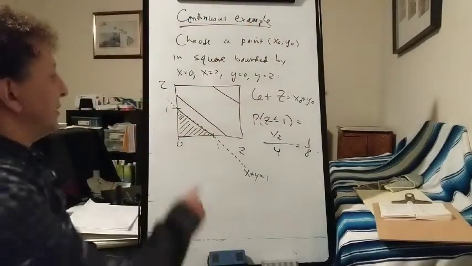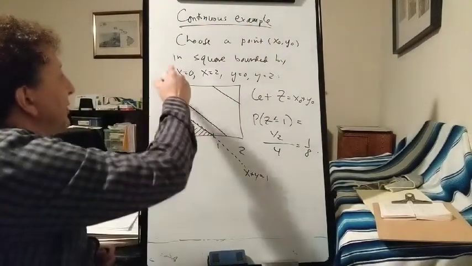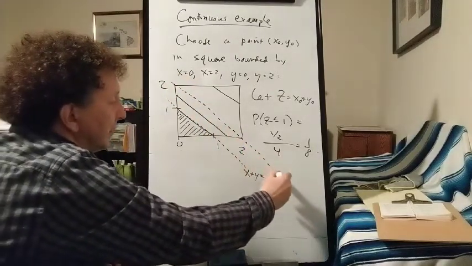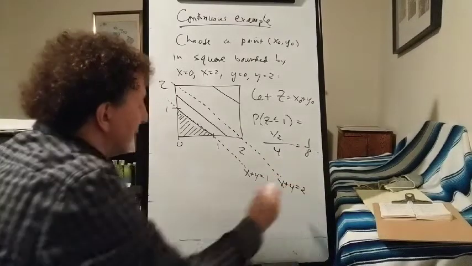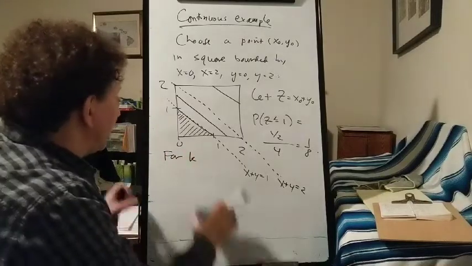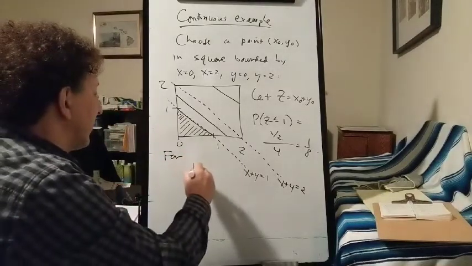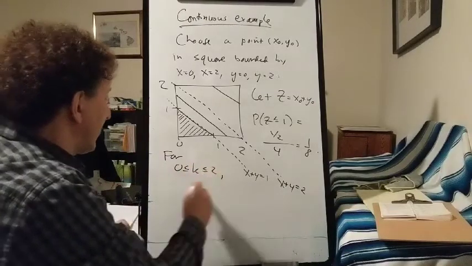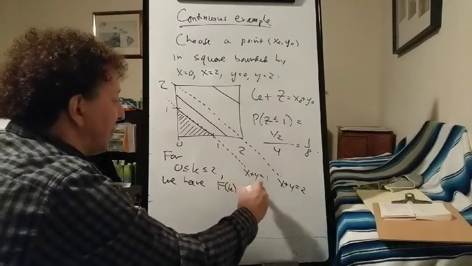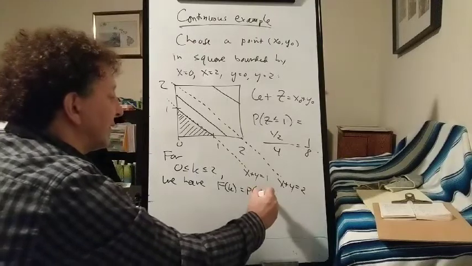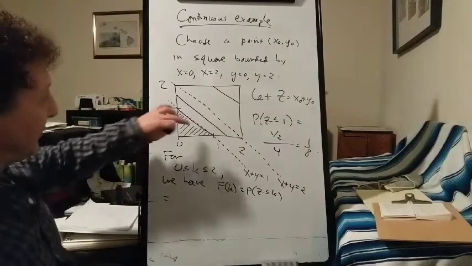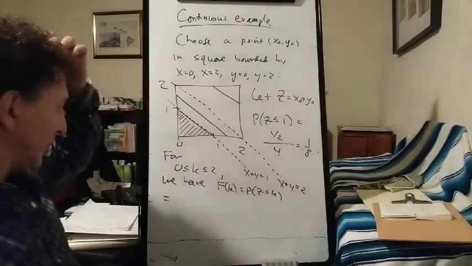And actually, if k is a number anywhere between 0 and 2, here's the line x plus y equals 2. So for k between 0 and 2, we have capital F of k, the probability that the coordinate sum is less than or equal to k, is the area of some triangle here divided by 4, the area of the whole region.